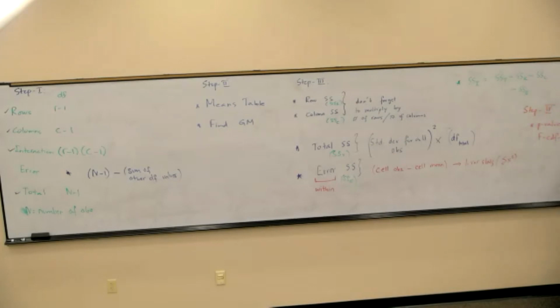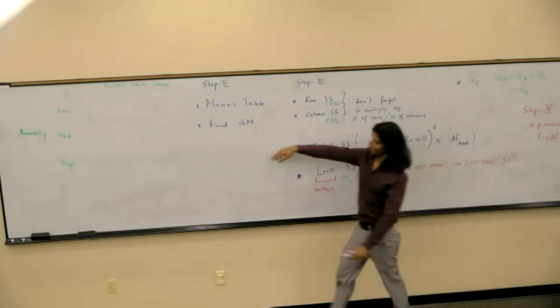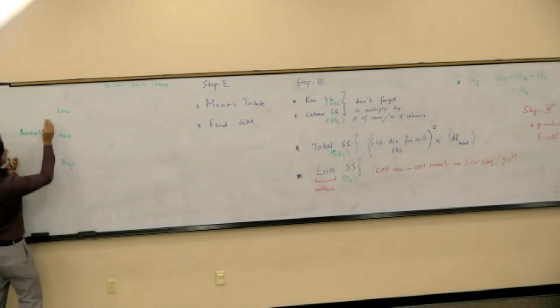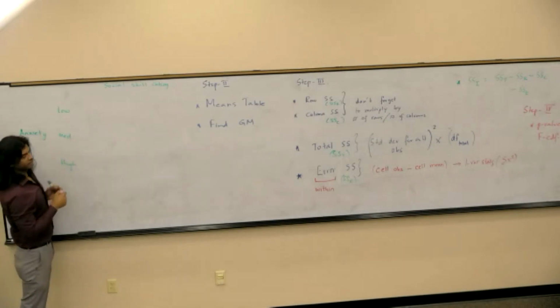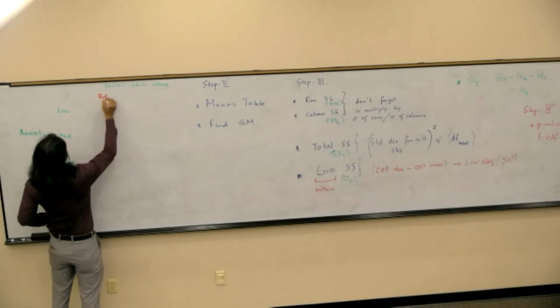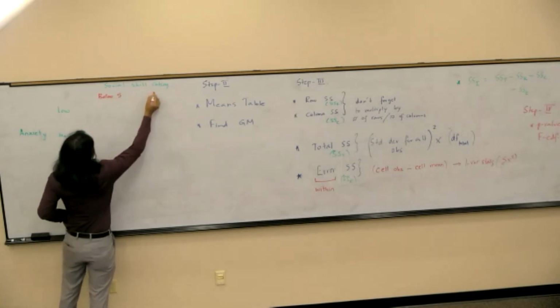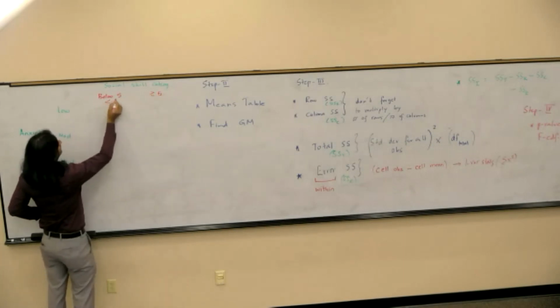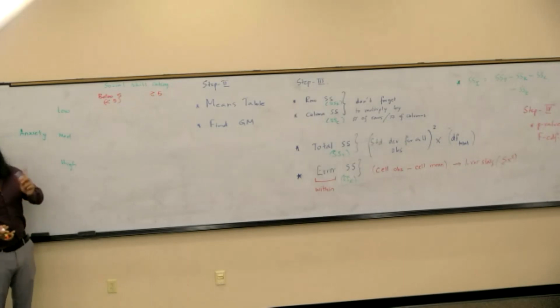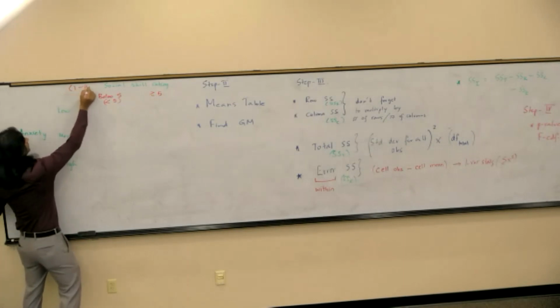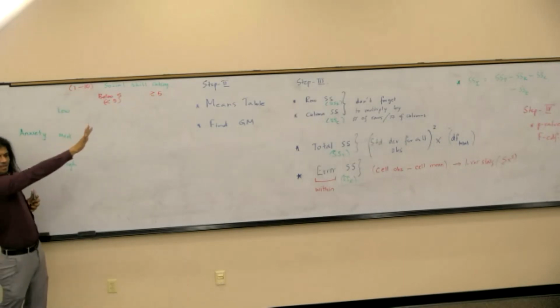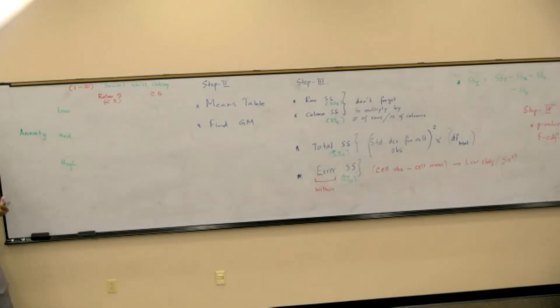So, Barnum, did you have a question? Anxiety level, or anxiety is the row factor: low, medium, high. Social skill rating: below 5, greater than or equal to 5. The scale is from 1 to 10, extrovert 1, introvert 10.